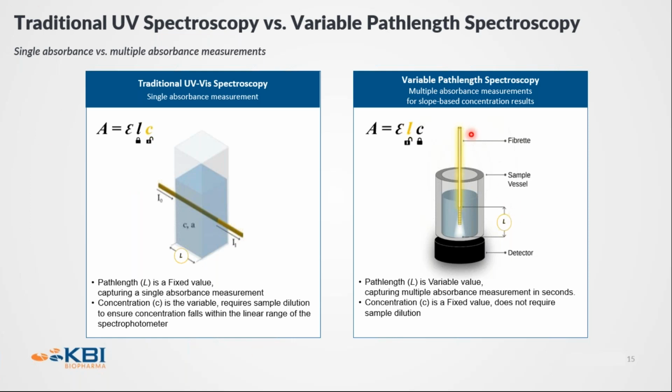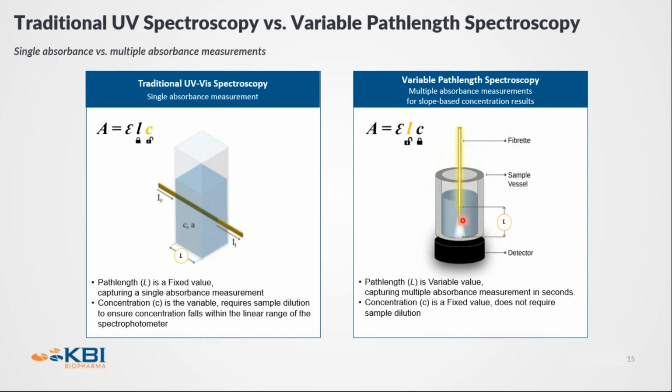But when you look on the right side, the variable path length technology has a flow cell through which your effluent is continuously flowing. And this is a fibrette through which the light is transmitted. The fibrette can move up and down in the flow cell, and this is how the path length is adjusted.